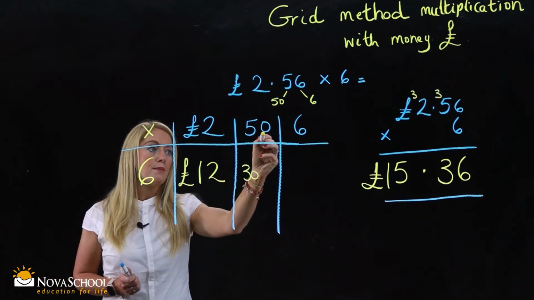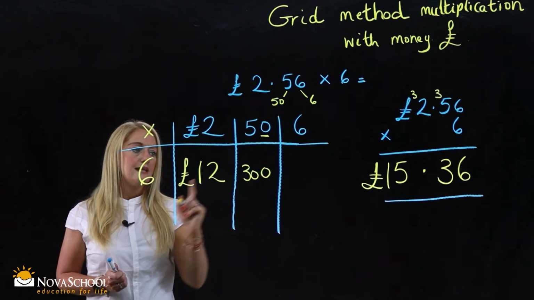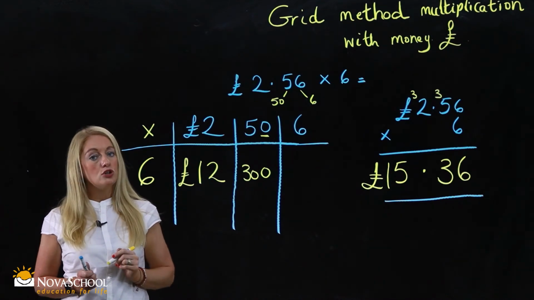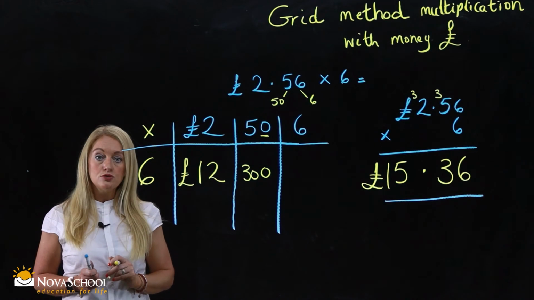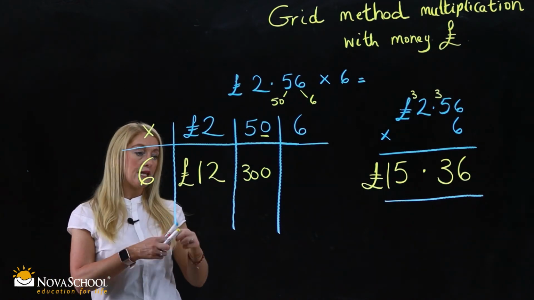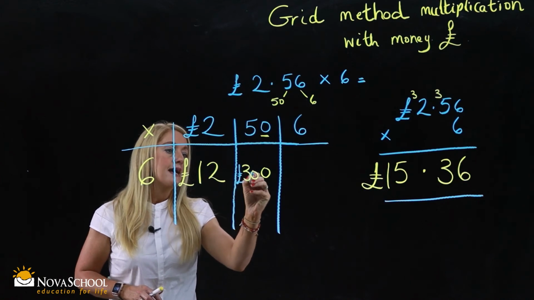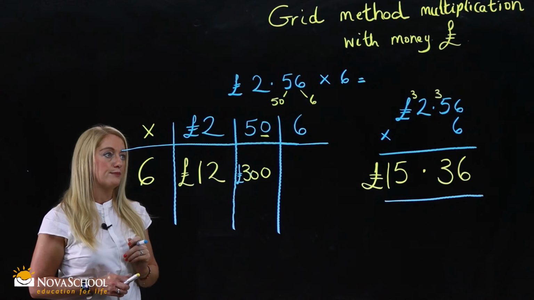What do we need to remember? An extra 0, good. Now, stop. That's not 300, it's 300 pence. What's 300 pence, everybody? £3, good. Let's pop in a pound sign and a little decimal point. Squeeze it in so you remember.